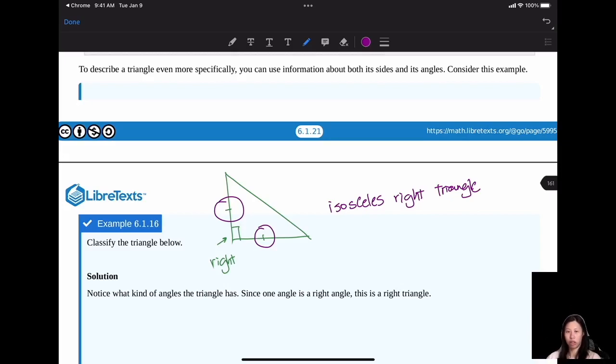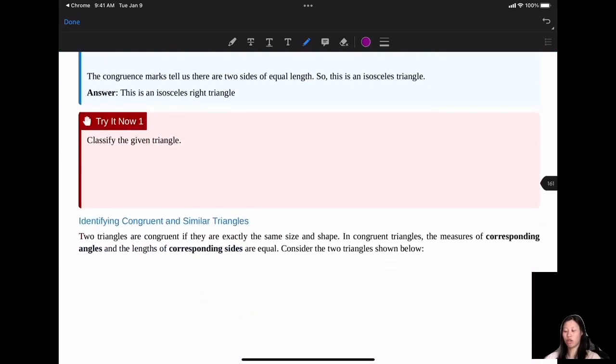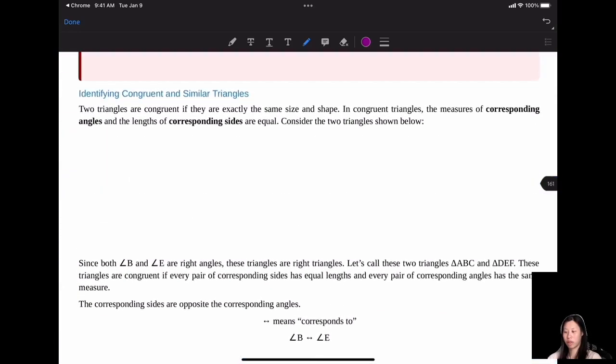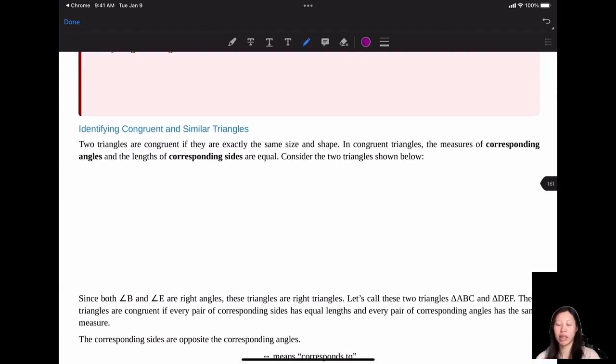Okay, so now the next one is I want to talk about how to identify congruent and similar triangles. So two triangles are congruent if they are exactly the same size and shape.